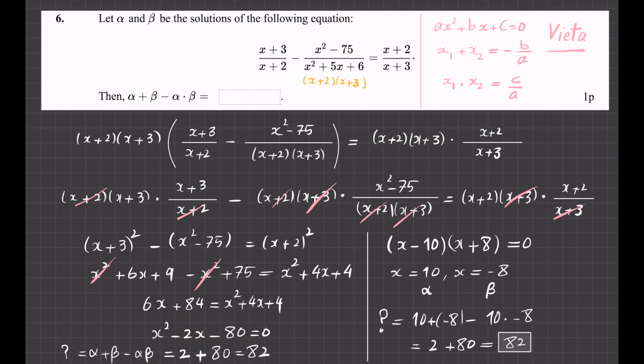Here I have the roots 10 and minus 8, they are quite simple. But if the roots are involved with the square root signs and things like that, then of course calculation becomes a little bit harder if I want to calculate the sum and the product by first finding the roots and then calculating the sum or the product. If you know the Vieta formulas, you can immediately do that.